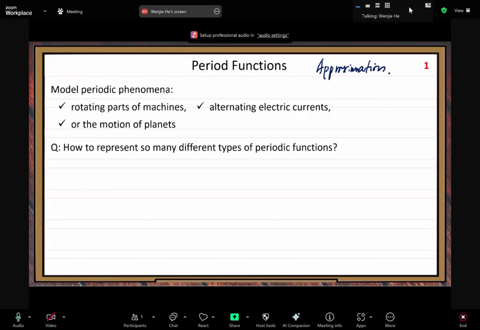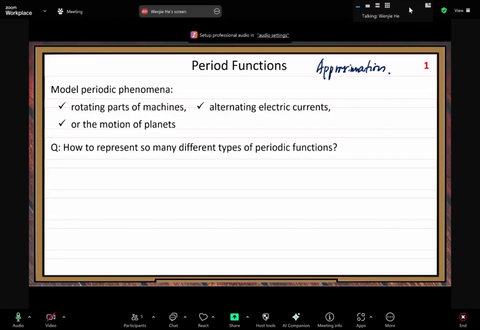So how do we represent so many different types of periodic functions? We want to choose a simple and powerful way. First, we like a relatively simple representation.